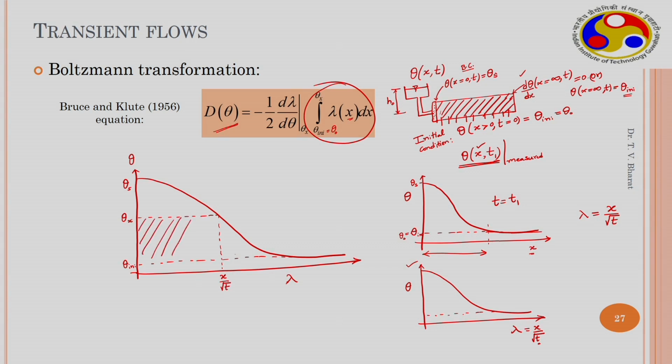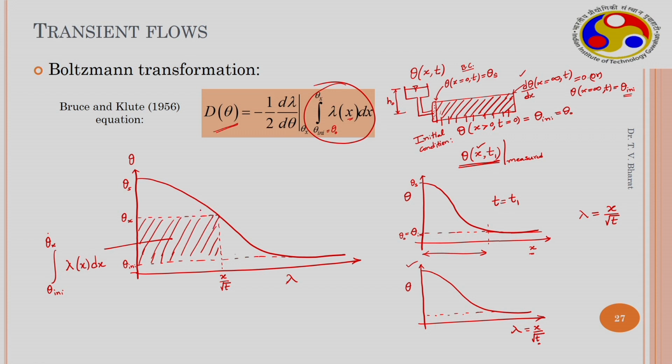So, this area is simply the integral from theta initial, that is this point, to theta x of lambda of x dx. So, this can be simply obtained by numerical integration.